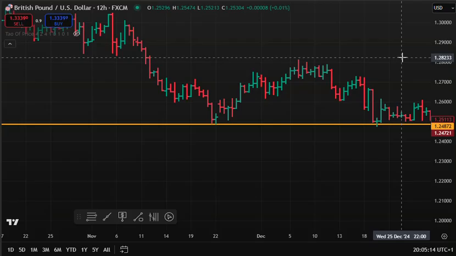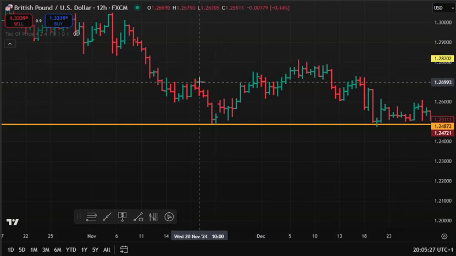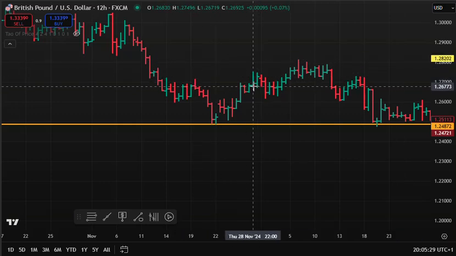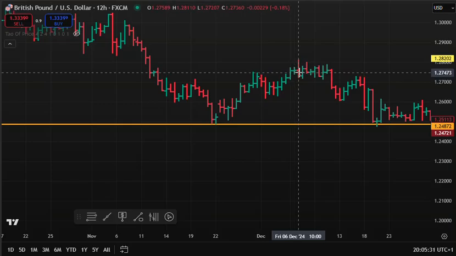So the first thing that we need is a broadening wedge. If we're looking at these supply points, these 3 right here, that's going to give us the broadening wedge pattern.